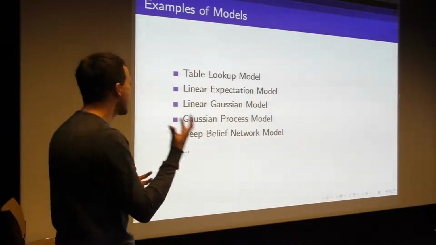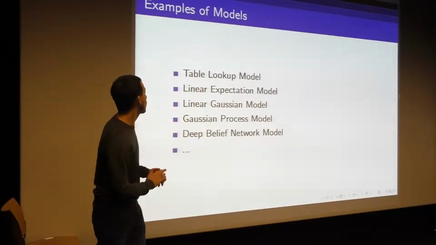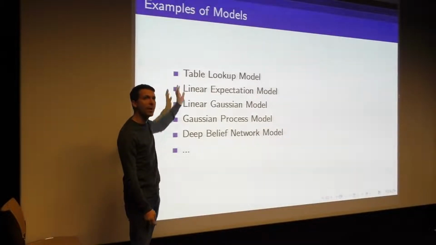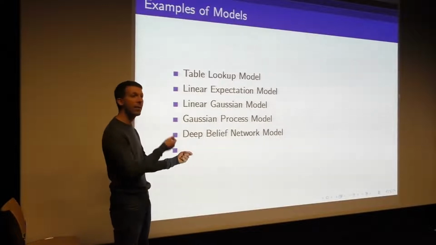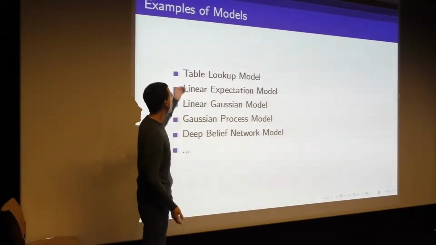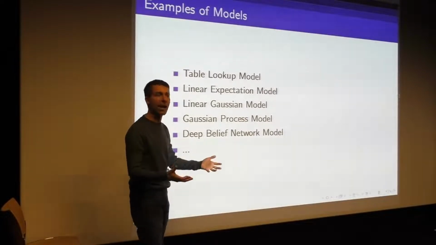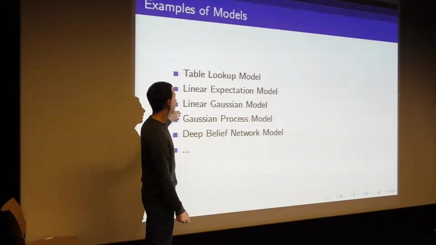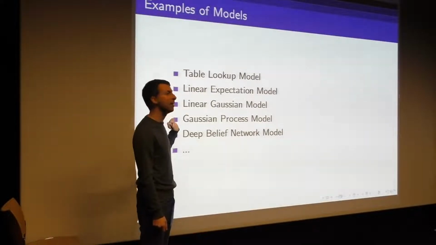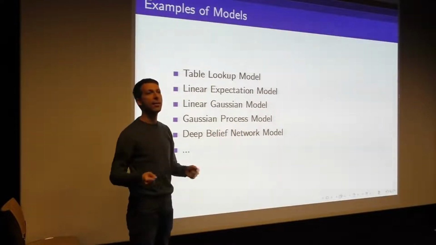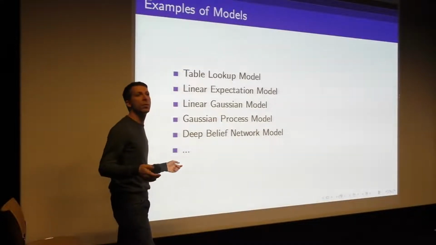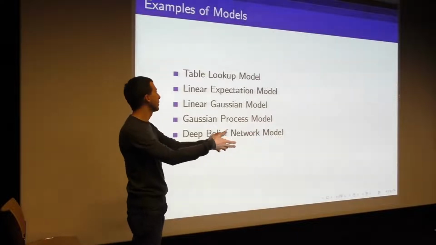So let's make this concrete by thinking about examples. I will talk about the simplest possible case in the coming slides, which is the table lookup model, where for every state action pair we estimate the reward and the next state separately. In general, of course, this doesn't scale, and it's usually a bad idea, so you can pick your favorite approach. You could make a linear model, where you say, if I have some features describing my state and action, what will my expected next features be?